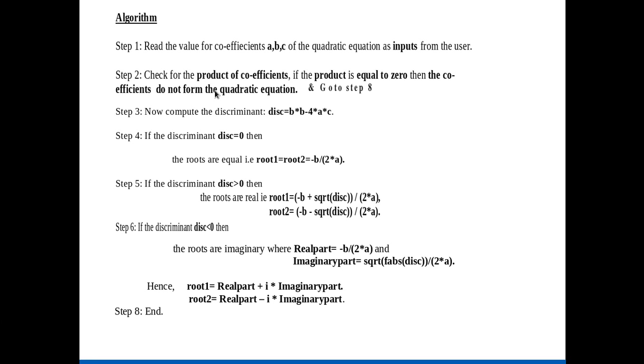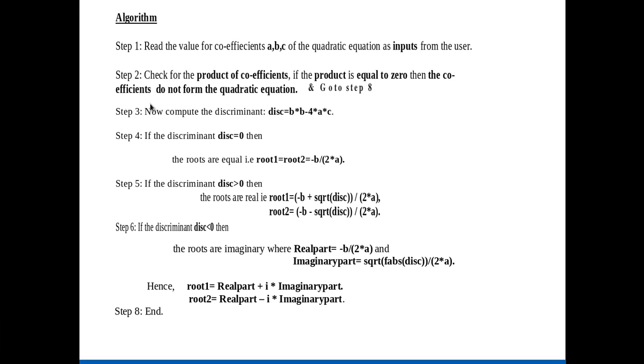That leads to the conclusion that we cannot find the roots of the quadratic equation, or if any one input is 0, it may lead to a linear equation rather than a quadratic equation. In that case I skip all the remaining steps and go directly to step 8, the end of the algorithm.